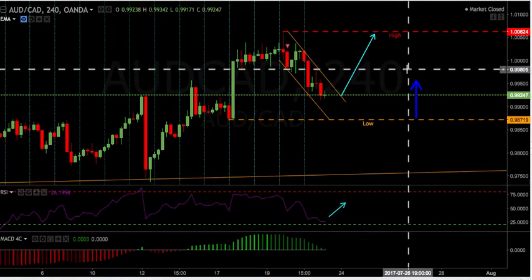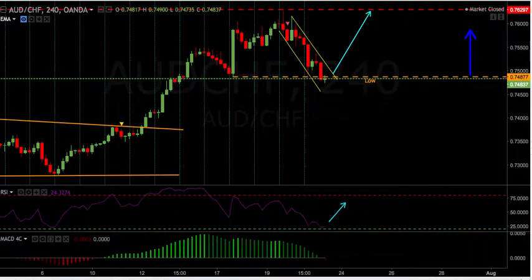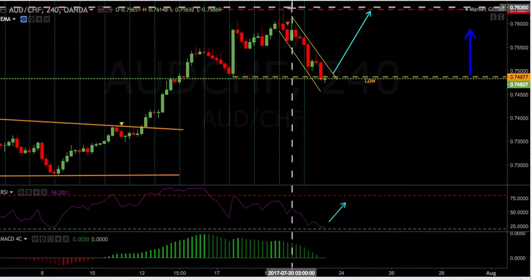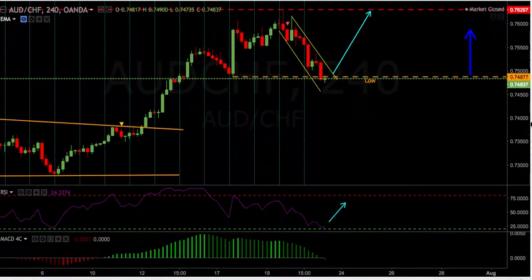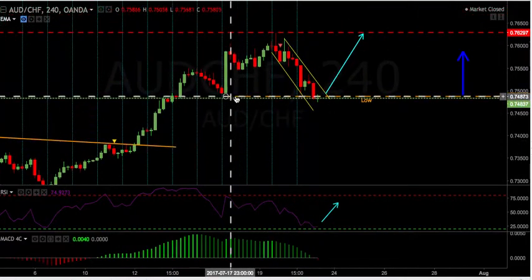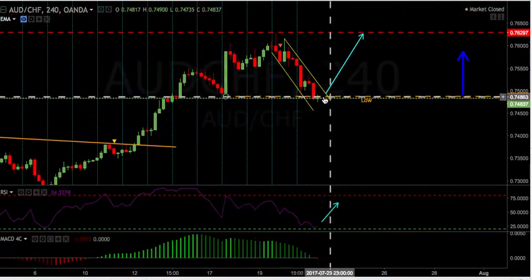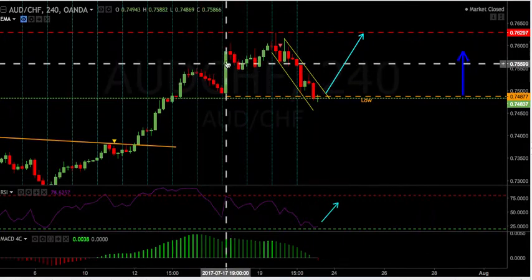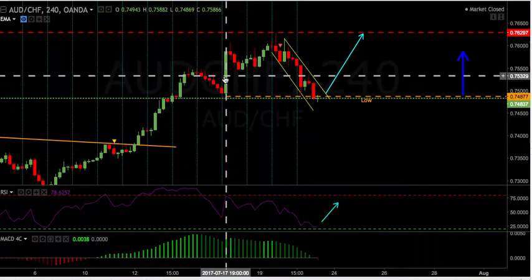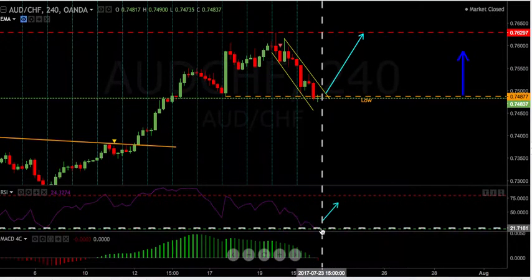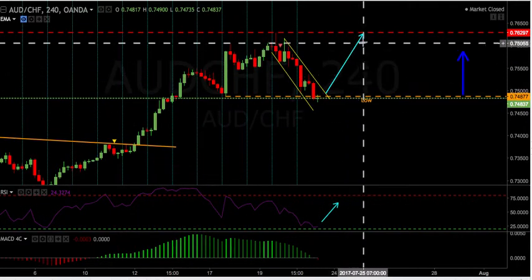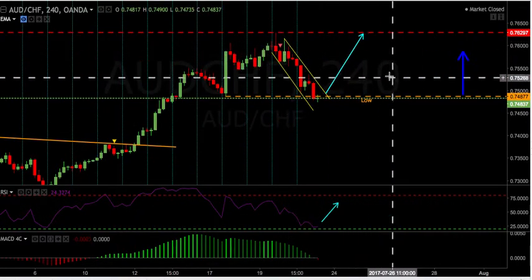Look for your bounce or break. Okay, that's Aussie CAD. Aussie Chief, same thing. Descending channel, bullish sentiment. Price is currently at the low of this previous bullish impulse, but we're oversold, looking for another bullish bounce and a retest of this high.